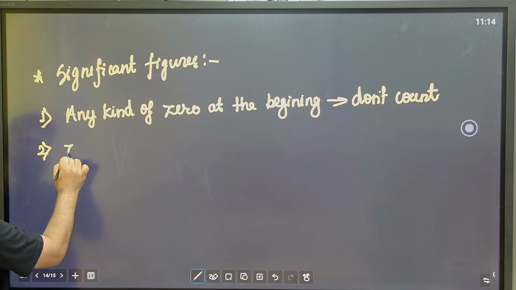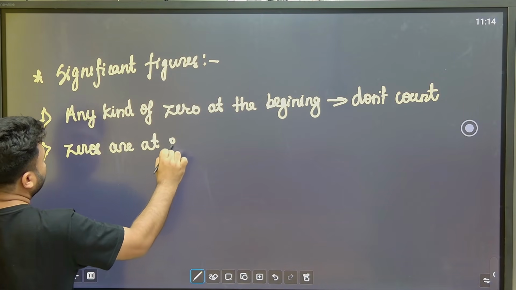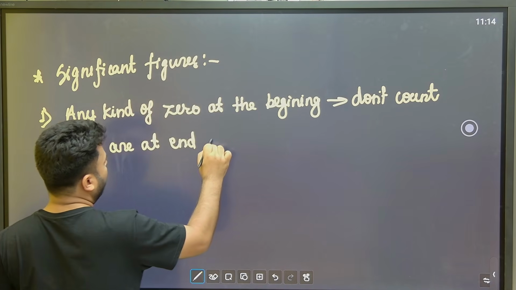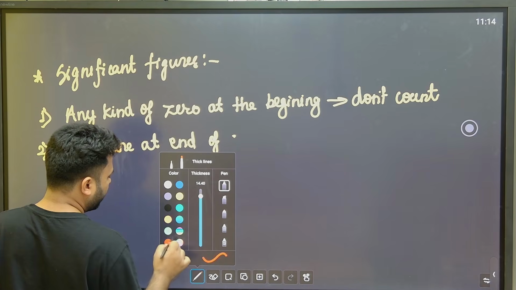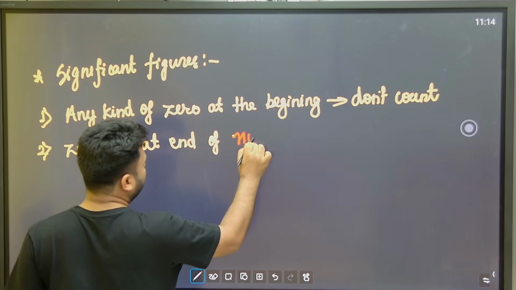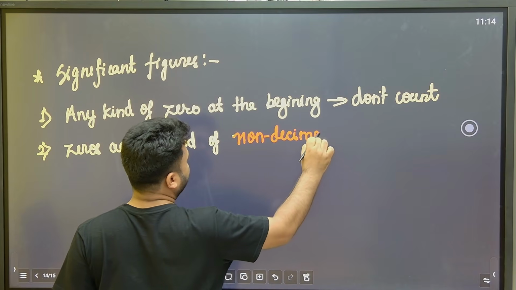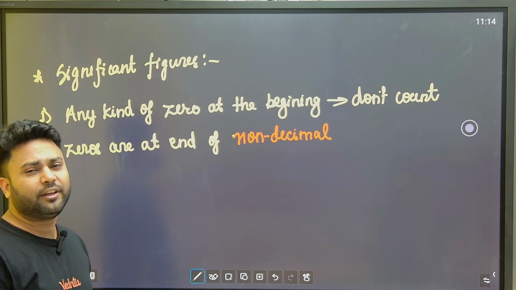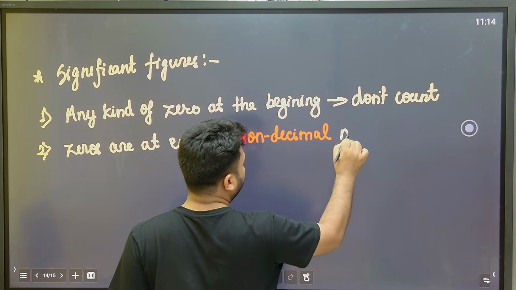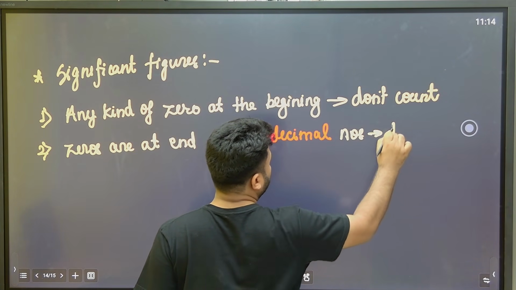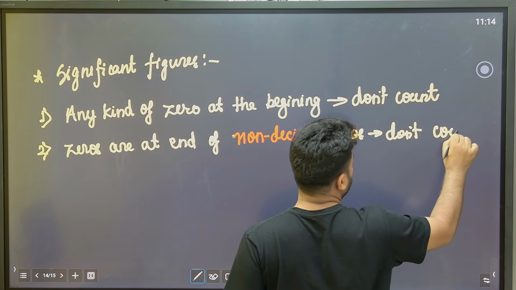And if zeros are at the end of a non-decimal number, see I am highlighting non-decimal number. Non-decimal means 28, 46, which does not involve a decimal. Then don't count. In all other cases, you can count.